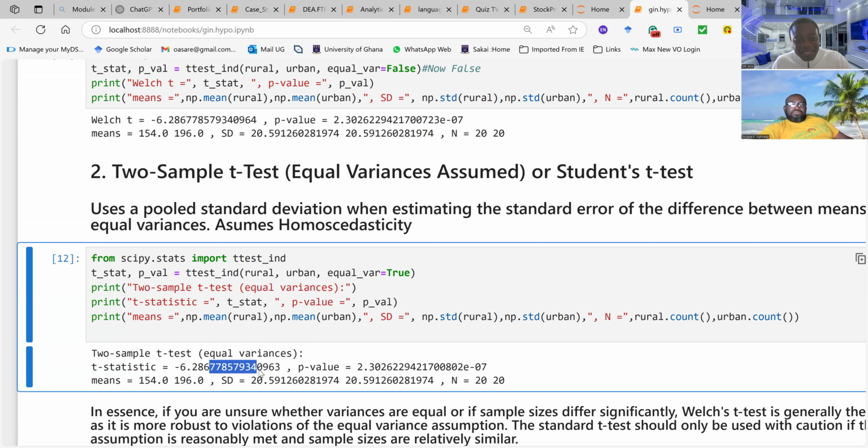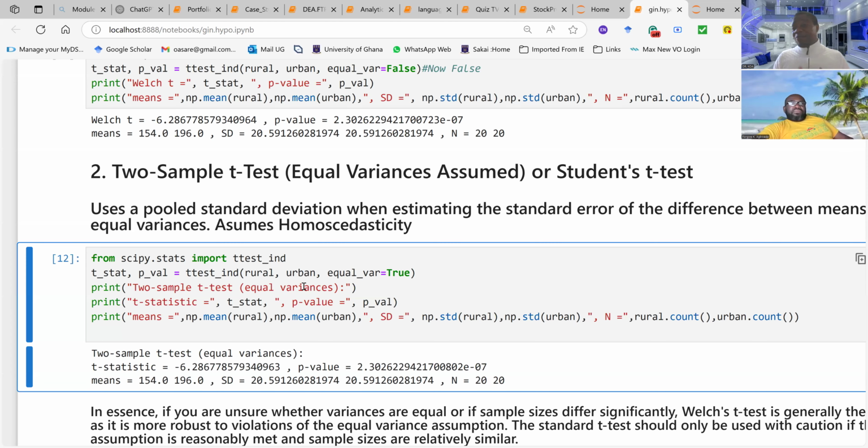I think it is 964, and then this one is 963 at the end, but almost the same thing. So either test here is telling you that there's a significant difference between the alcohol consumption of rural and urban dwellers. All tests are proving that.